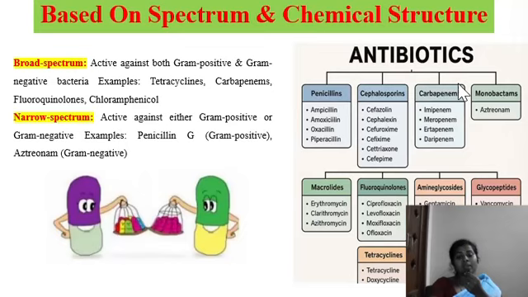Then comes the classification of antibiotics based on chemical structure. It is mainly based on the beta lactam group, which is mainly responsible for the antibacterial activity. This group is further classified into four main categories: penicillin, cephalosporin, carbapenem, and monobactam.